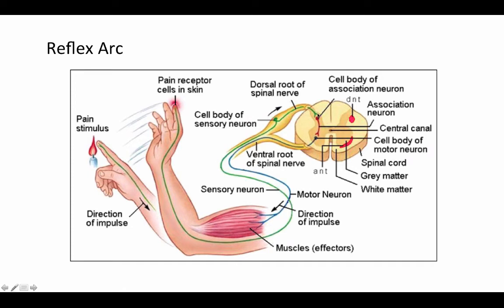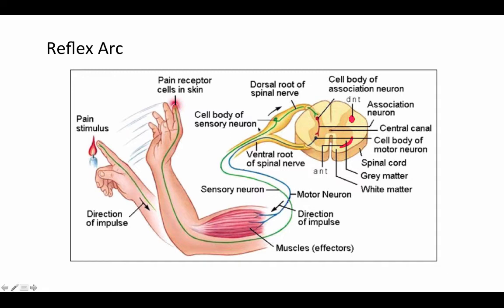So in the case of a simple reflex arc, this is going to be something where a very quick response is needed, and actually all of this processing in this case can happen right here in the central nervous system. When there's more complicated processing required, this is going to move through the spinal cord. So this is just a section through the spinal cord up toward the brain. The brain will process it and send a message back down through the motor neurons.